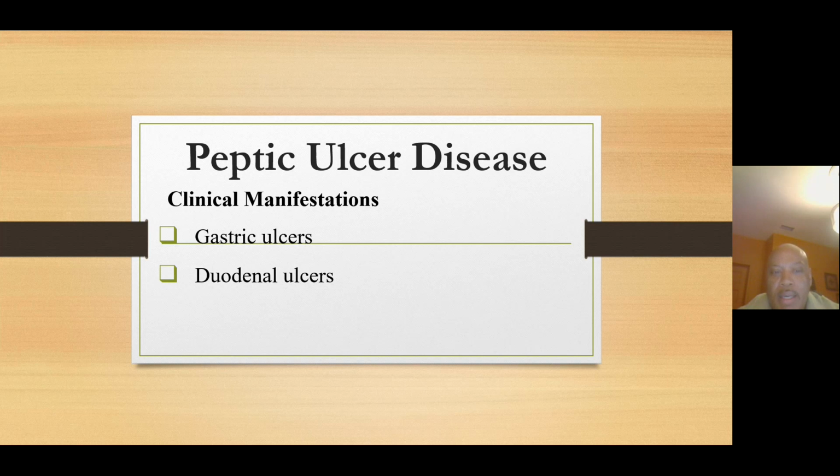You will note that the pain is described as burning and or gaseous. They have more gas type of pain. If the ulcer has eroded through the gastric mucosa, food tends to worsen the pain. So when you eat, the pain tends to be even worse, because it's irritating all of those nerves beneath the gastric mucosa.